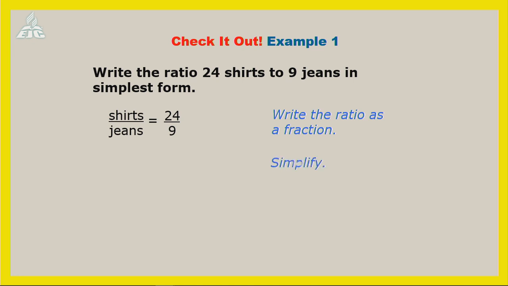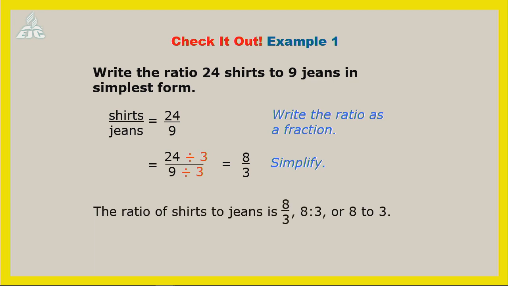Then we simplify. Good. Our highest common factor here is 3. So we are going to divide both the numerator and the denominator by 3. And we'll get 8 over 3.